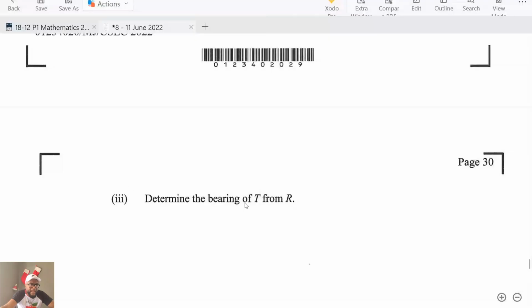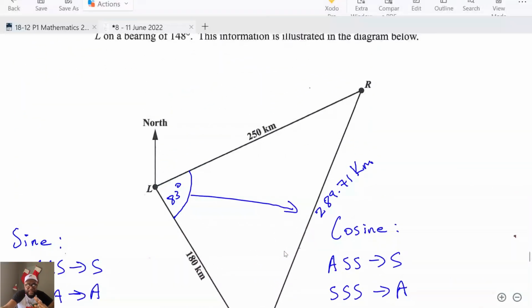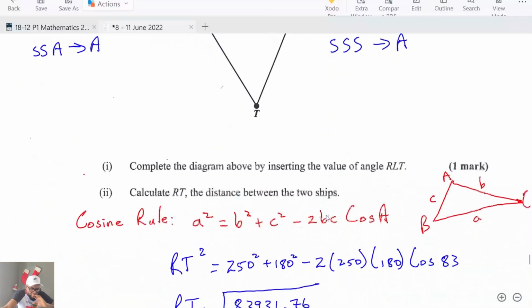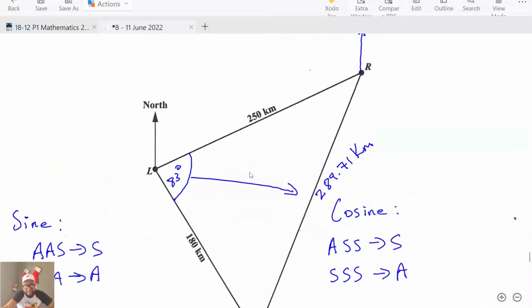We're coming from R. So that's where your north line is going to be, so I'm going to draw my north line here because we're coming from R. This is our new north line, I'll call it N1. Where are we going to? Off to T, that's where we're heading towards.